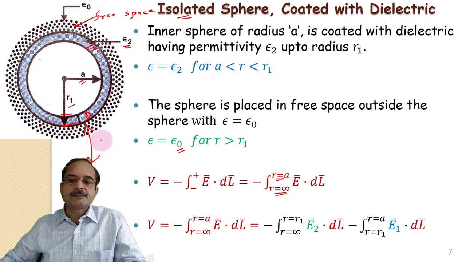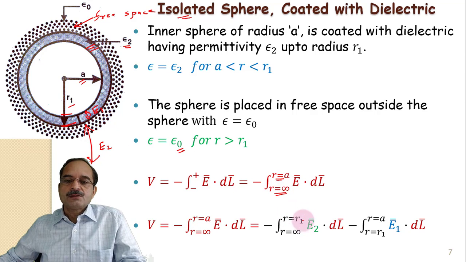So this is E2 here in this region and E1 in this region. So splitting this integral into two parts.